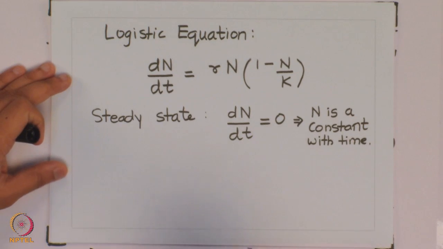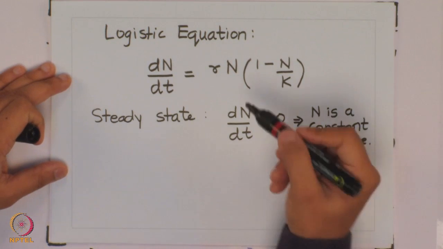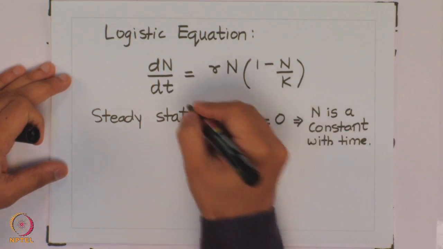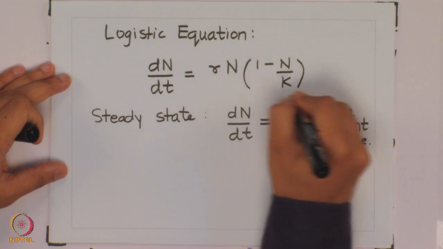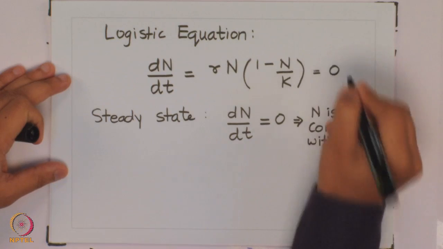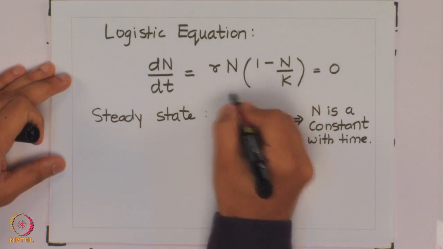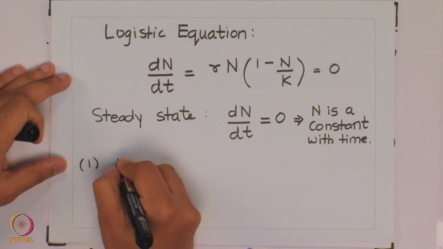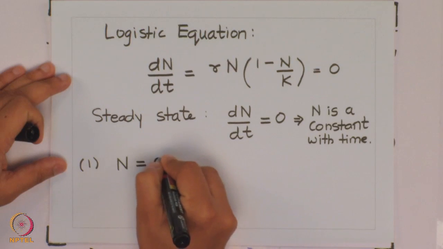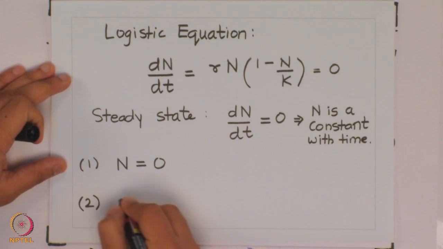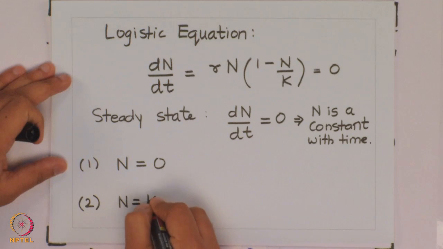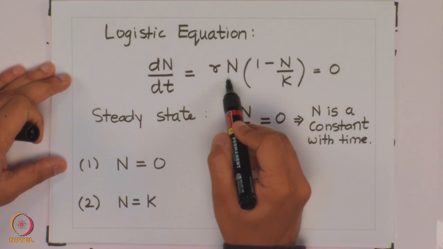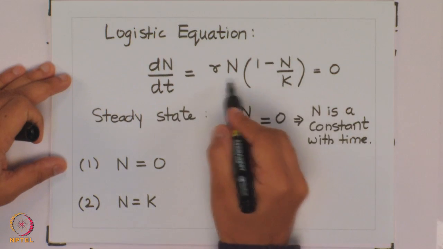And to analyze the values of N at which our logistic equation gives dN by dt equal to 0, we simply equate this expression to 0. And what we get is that this condition is met for two values of N. First is when N is itself equal to 0, and the second one is when N is equal to K. The first condition, N equal to 0, makes this whole expression 0 because N is equal to 0, so we have a positive factor times 0 equals 0.